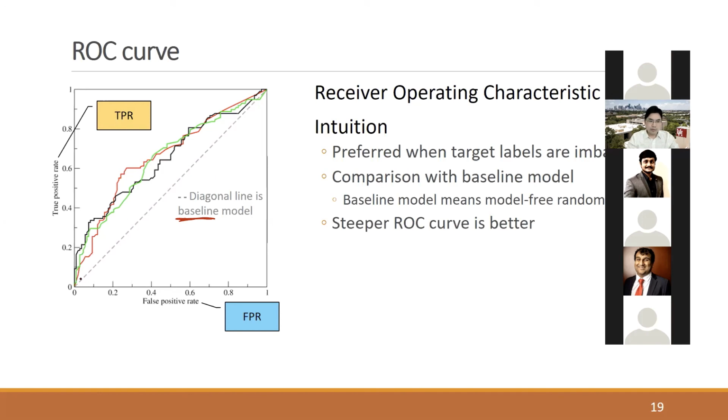The steeper the line, if it deviates away from the diagonal line, if it goes like this, it's a very good model. If it's an arc, it's okay, but worse, if it's very close to the diagonal line, it's almost useless.